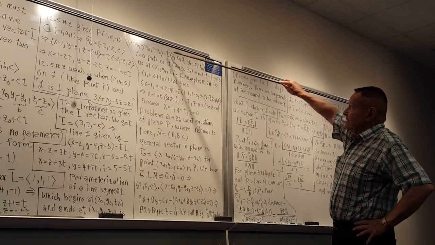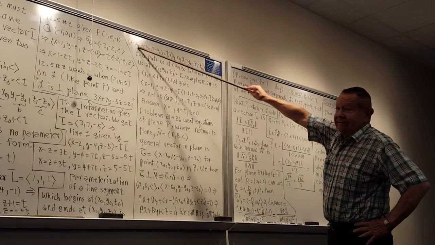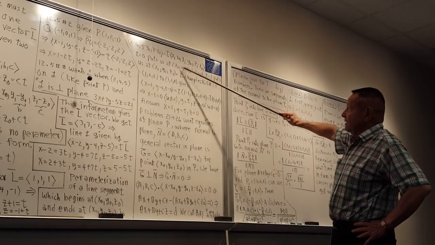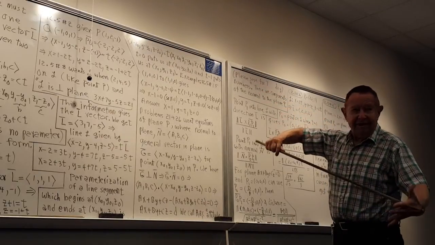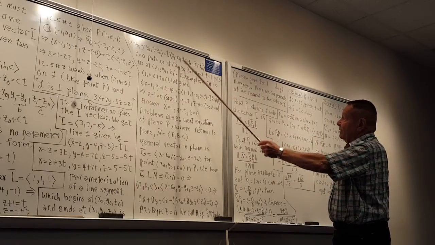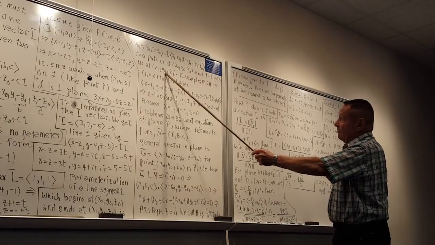So then when t is 0, you're back here at x equal x0, y equal y0, and so on. That'd be like the left hand. And t equal 1 then, you're at x1, y1, z1.